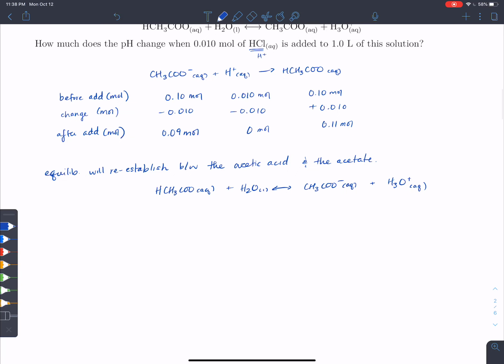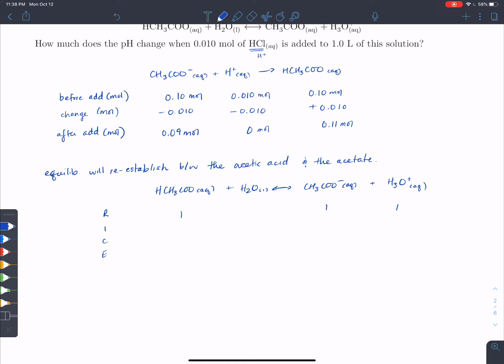And so we can create an ICE table for this buffer reaction. We know that we have a 1-to-1 ratio of our weak acid, our conjugate base, and our hydronium ions.